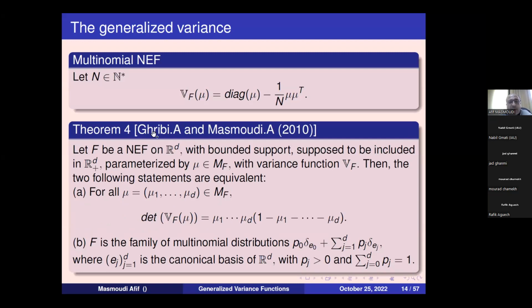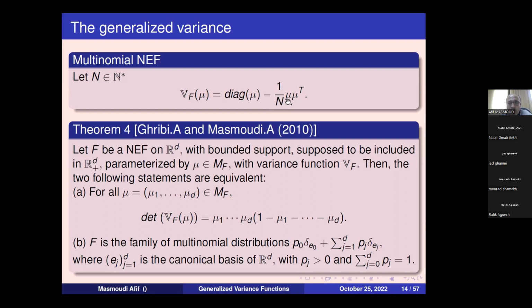In collaboration with Ghribi in 2010, we characterized the multinomial natural exponential family. The multinomial distribution is a natural extension of the binomial one. So the variance function is given by the diagonal of mu minus mu mu transpose.